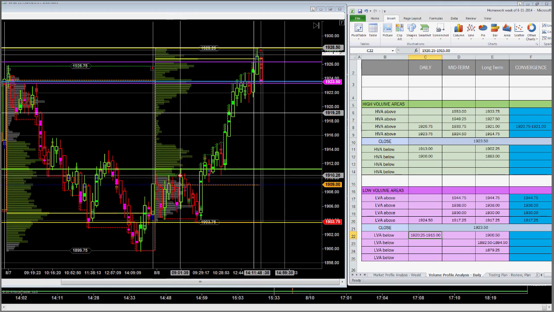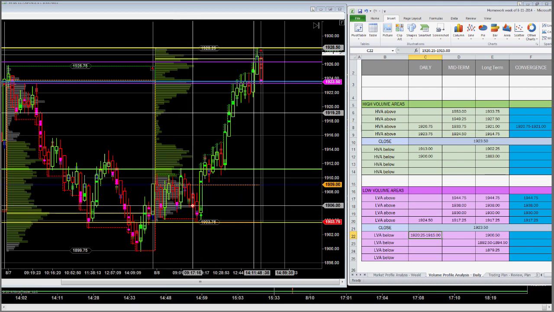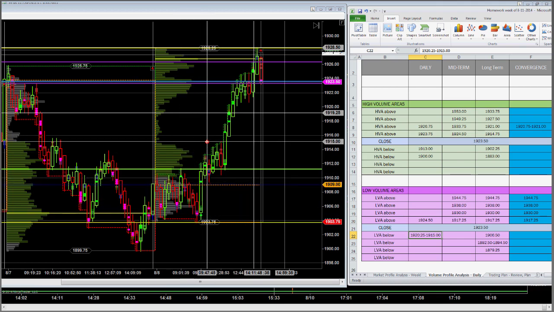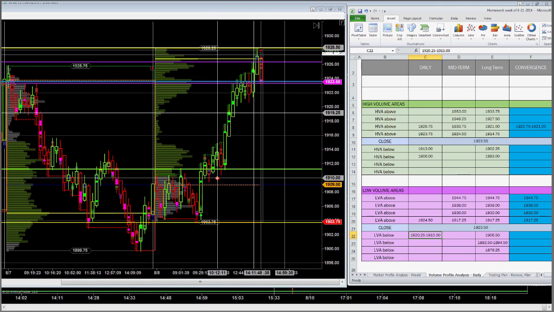Yep. Price extended a little bit, but came right back down. Once price got through, did it act like an unfair low to buyers? Meaning buyers got engaged? Yep. So this area right here at 1910 is one that I want to mark. 1910. Right there. Does that make sense?